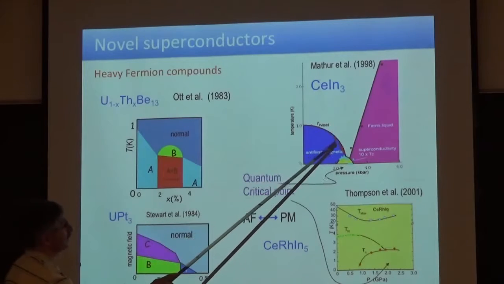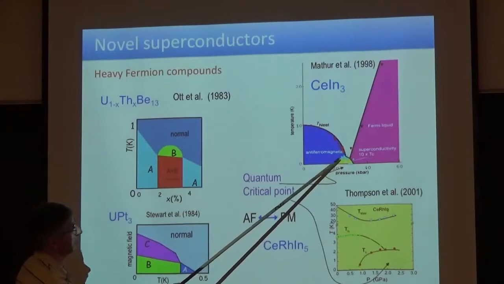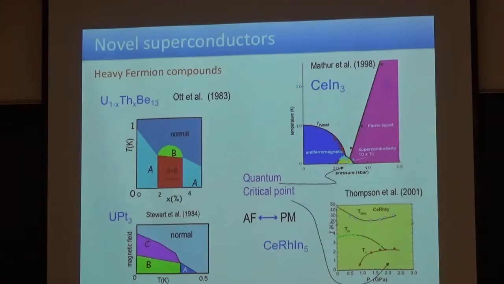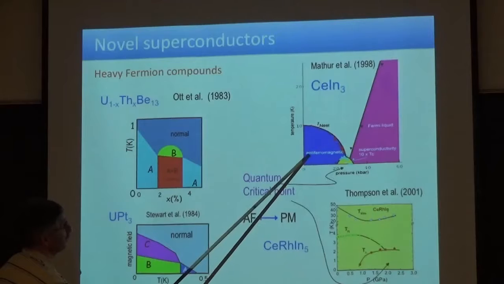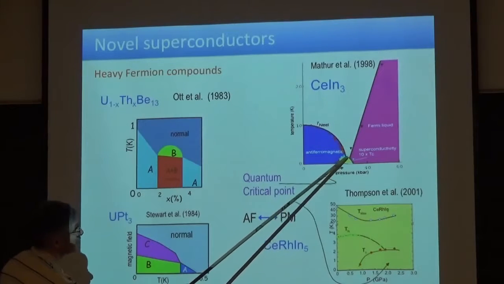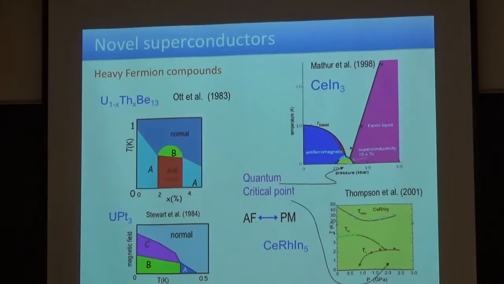If you look at quantum phase transitions, then often these quantum phase transitions are covered by a dome of superconductivity. Here, in this compound, antiferromagnetism disappears, and so it's assumed that this is, of course, related to the pairing mechanism, that magnetic fluctuations play a role here.